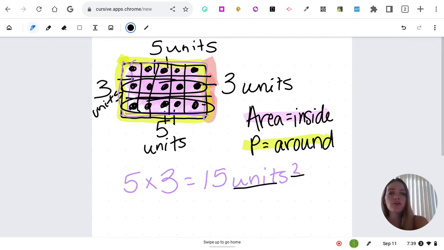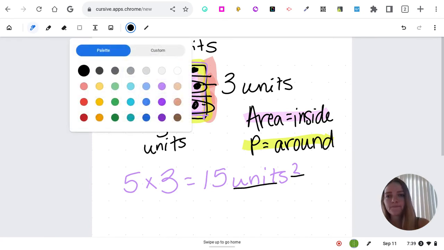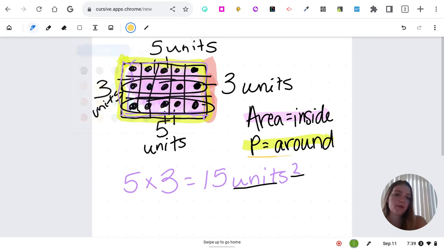So now I need to solve for my perimeter. So I'm going to change the color of my marker to match up for perimeter. So for perimeter, I need to find the distance around, and perimeter is adding all of the side lengths to see how long it would take you to walk around a shape.